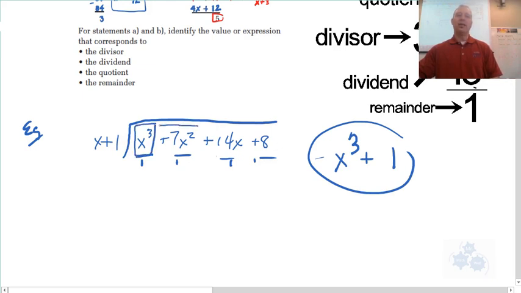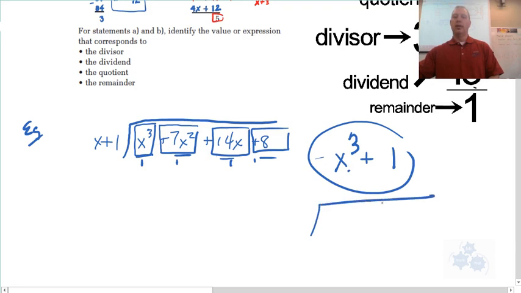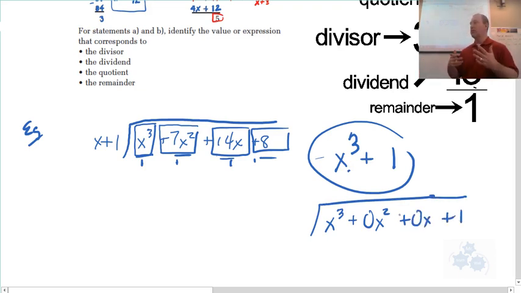I also need the squared term, and then the x to the power of 1 term, and then the constant. I need all of those represented underneath the radical, or the divisor sign here. So how I would actually have to write this one would be like this. I'd have to write it x cubed plus 0x squared plus 0x plus 1. That's how I would have to write this in order for this long division process to work.